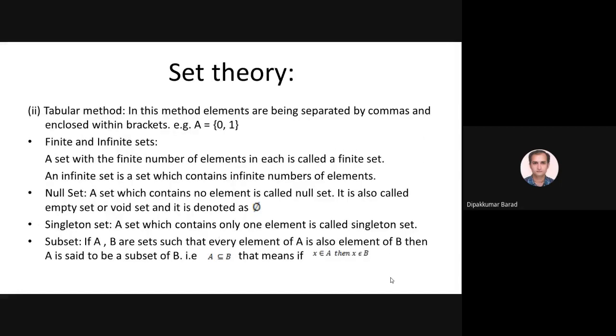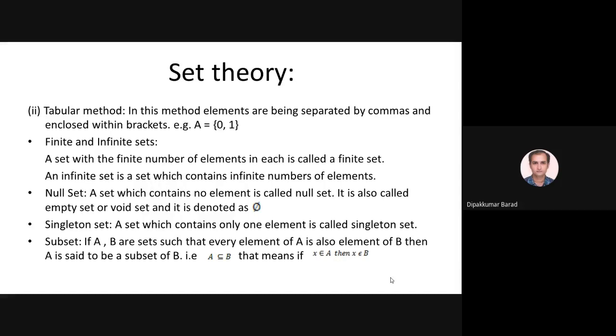In the tabular method, elements are separated by commas and enclosed within brackets, like A is equal to 0, 1. So in these two methods we can represent a set. Now a set might contain a finite number of elements or an infinite number of elements. If a set contains a finite number of elements, we call it a finite set, and if it contains an infinite number of elements, we call it an infinite set.